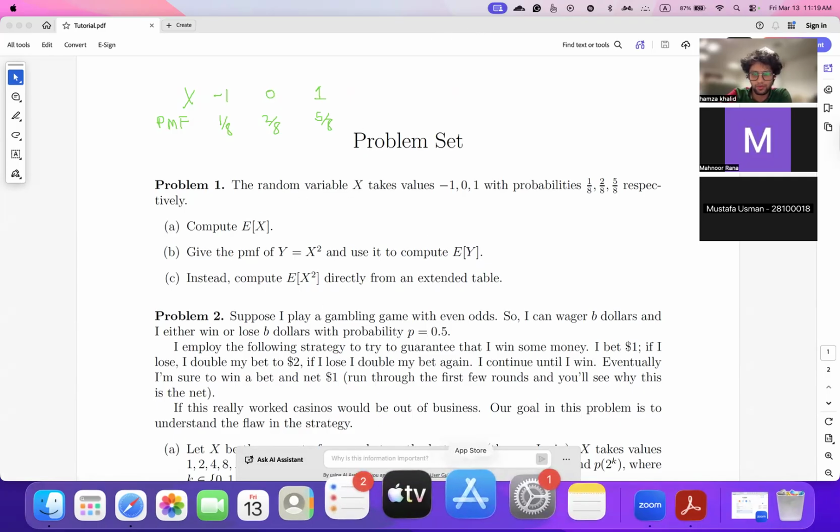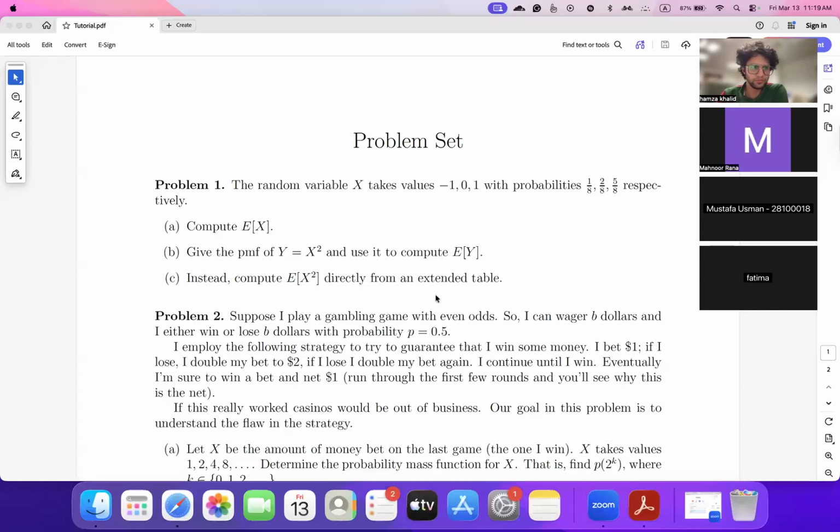Yeah, so for the people who are here, we're trying to solve these questions. The first one is that a random variable takes on these values with these respective probabilities, compute the expectation.